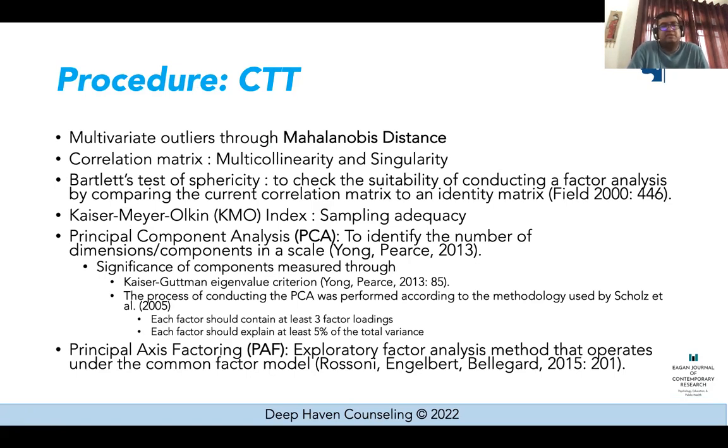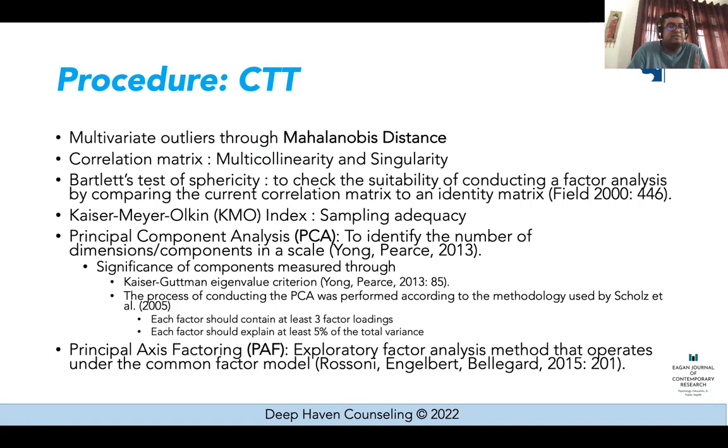Then we did the principal component analysis to identify the number of dimensions or components in the scale. So significance of the components was measured through the Kaiser-Guttman eigenvalue criterion. And we also utilized the process suggested in the paper by Scholz in 2005.